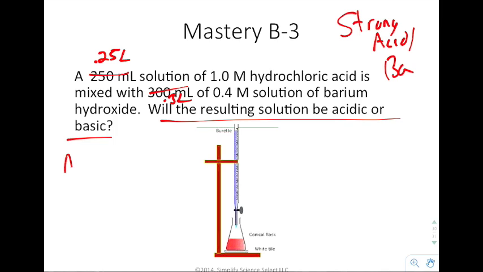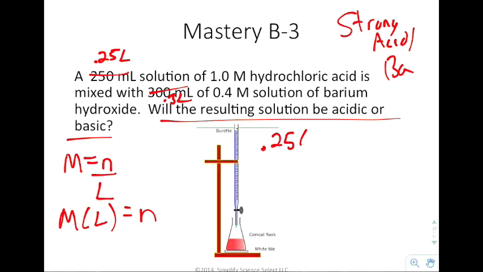Now, whenever I look at the formula, molarity is equal to the number of moles divided by the liters. So if I take my molarity and multiply it by my liters, I get my number of moles. So for each one of these things, I'm going to say 0.25 times 1, and that's going to give me 0.25. That represents my number of moles of hydronium ions. Because remember, we're going to work with the working definition of the Arrhenius unless we hear differently.